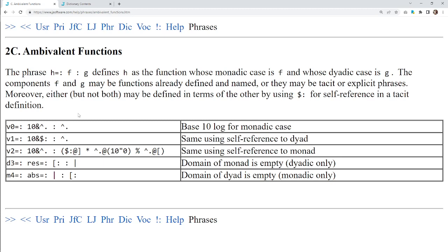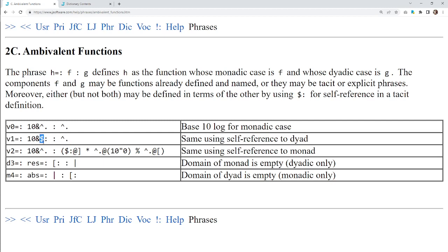Basically what we're saying is that this is just normal logarithm, but if you use it monadically, it's 10 with the logarithm, log 10 log, whatever. Now this is saying the same thing, but it's using self-reference to the dyad. So 10 with self-reference, and that gives me the thing that I'm referencing.